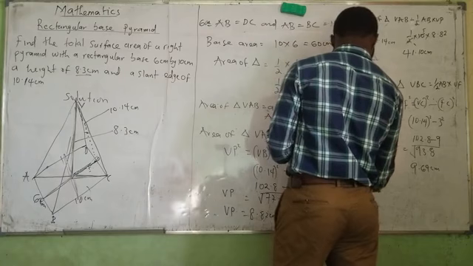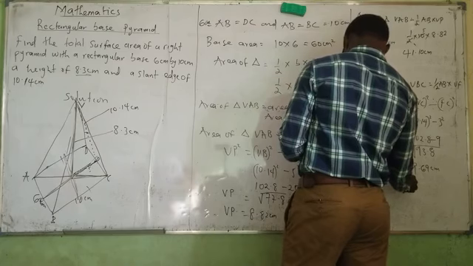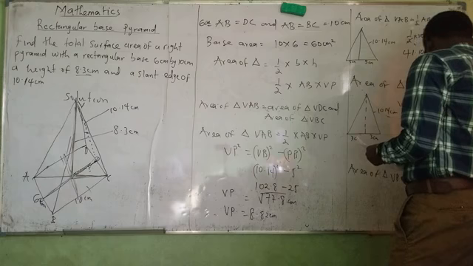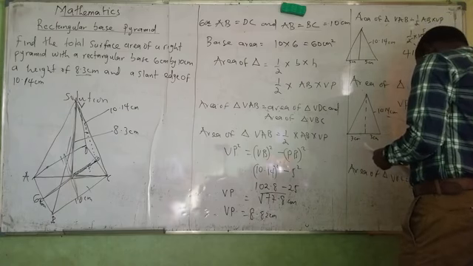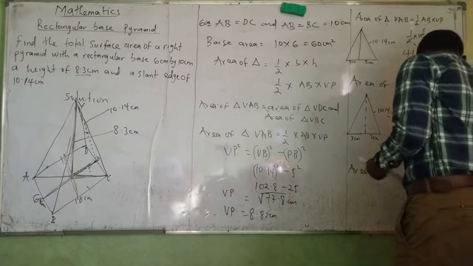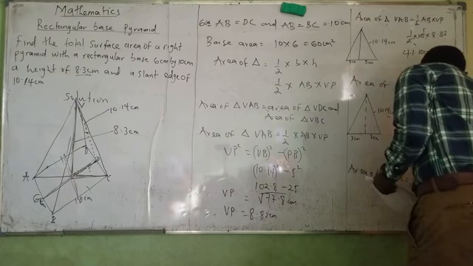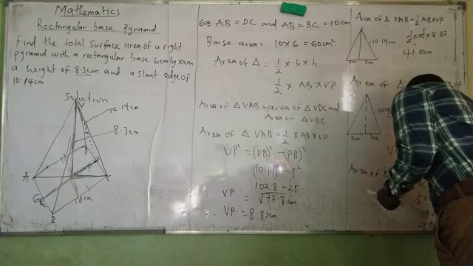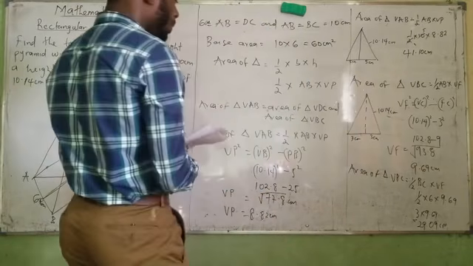Since I have that, I can now say that the area of triangle VBC will be equals to 1 over 2 of BC multiplied by VF, which I'll be having 1 over 2 multiplied by 6 multiplied by 9.69, which I'll be having 3 times that, which will be equals to 29.09 centimeter squared.